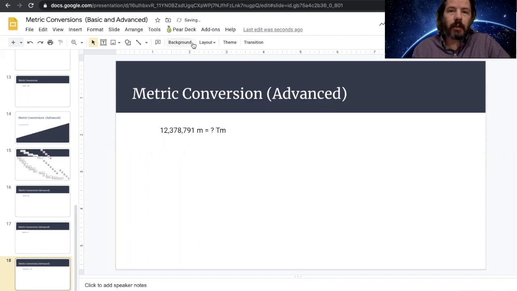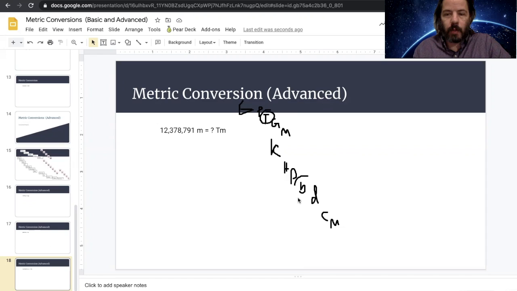All right, welcome back. Let's take a look. A little tricky this time, went to the other end of the scale here. So guess what? King Henry died while drinking chocolate milk. And then we got every person thinks George made King Henry. So we've got tera, and we're starting at meter. We're starting at the base unit. Oh my goodness.